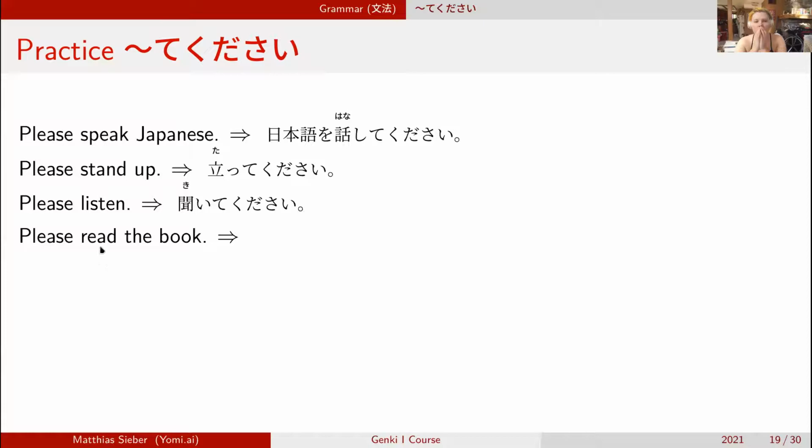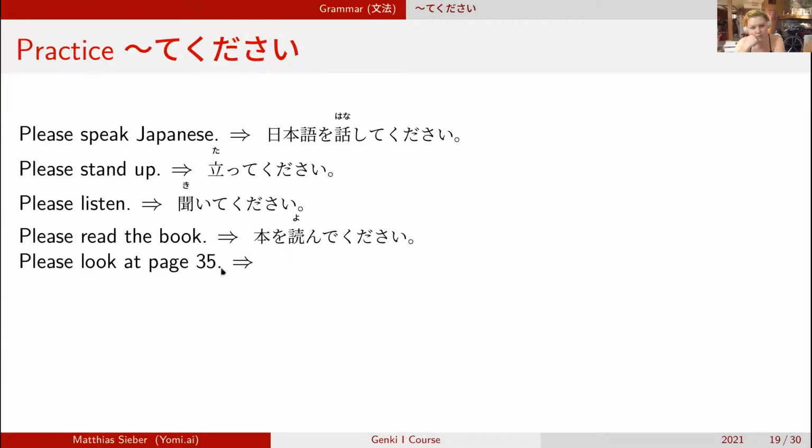So, what does please read the book mean? 本を読んでください。 Very good. And just saying please read would mean 読んでください. I would not need a particle here, but if I wanted to make the request please read the book, I say 本を読んでください. Very good.